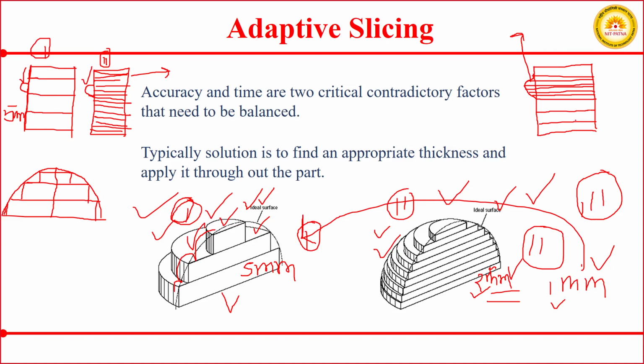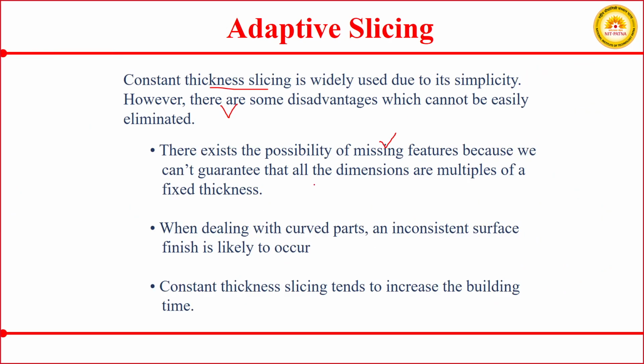We choose the slicing height, or the layer thickness, depending upon the feature on the surface or the quality of surface to be produced. So you have a combination of large thickness as well as small layer thickness.